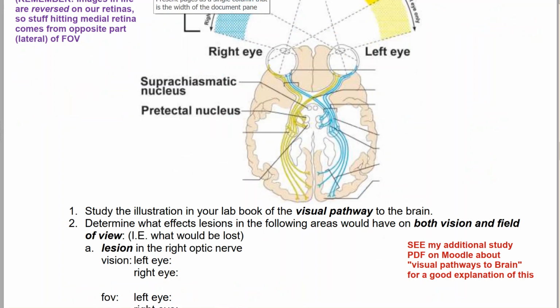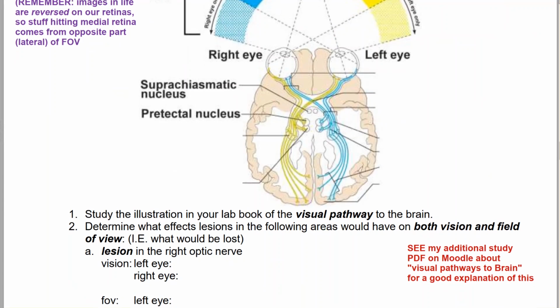And then we're going to put a lesion somewhere in these optic nerves and see what happens. If we cut the optic nerve right here, we're going to have a different effect than if we cut the optic nerve right here or right here.